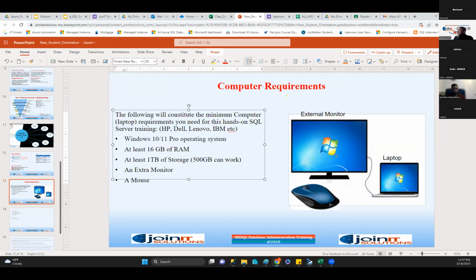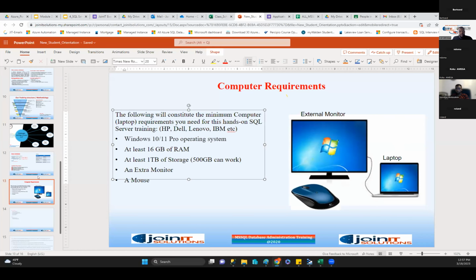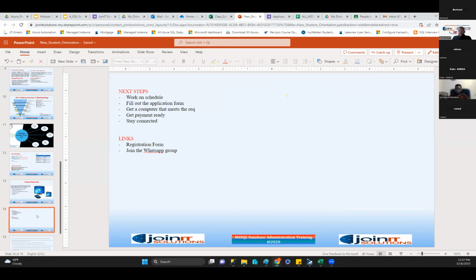Then you need an external monitor like this. If you have your laptop, you need an external monitor, because when we say hands-on, if I am sharing my screen and doing something on my screen, how do you practice on the other screen if you are looking at my screen? So you need to have at least 2 display devices. We'll send this in the group.